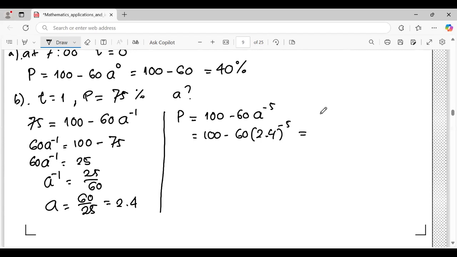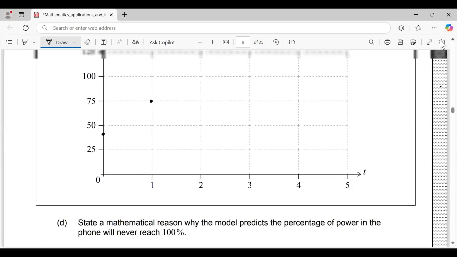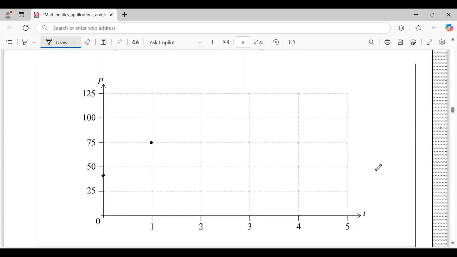If you calculate, it becomes 100 minus 0.75352, which comes to 99.246479. 99.2 means, yeah, around here, not 100. So the graph will be like this.